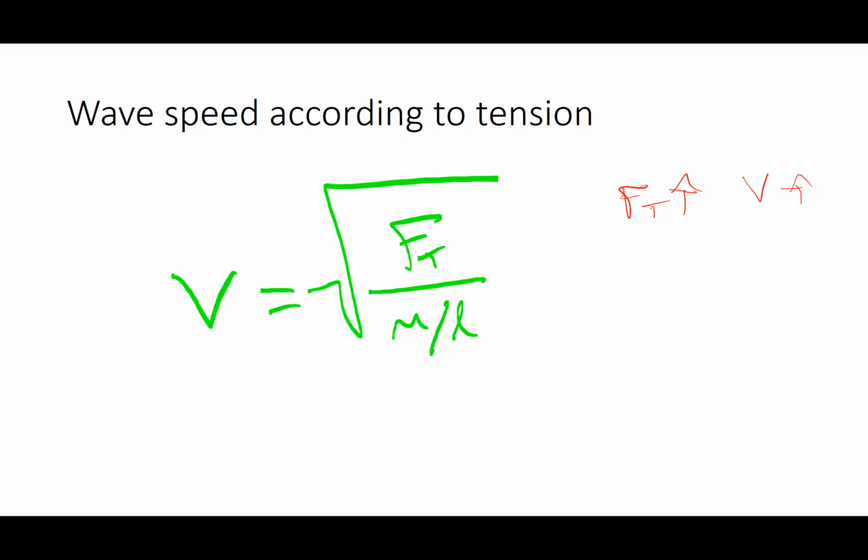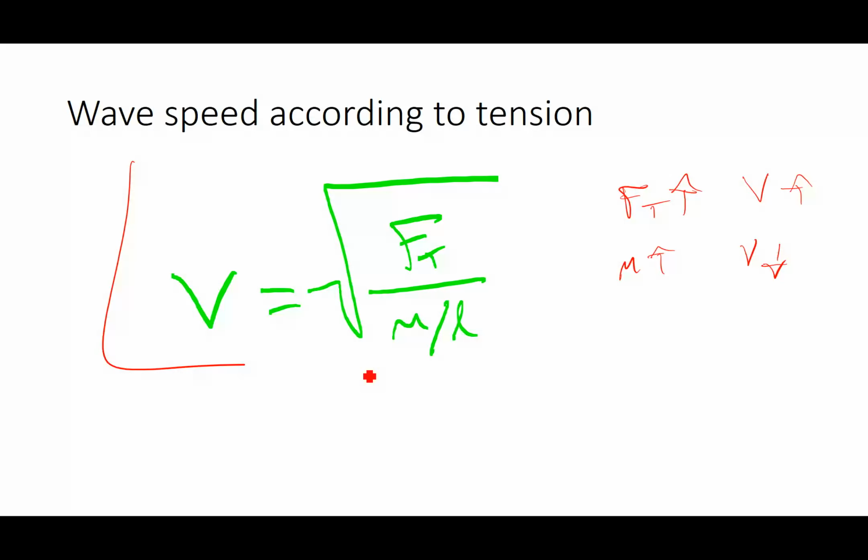It would also go up. But if the string was heavier, it would take more energy to create that same velocity of the wave. So if the mass goes up, then the velocity goes down. So we're just looking at these particular relationships between wave speed, tension, and mass of the string.